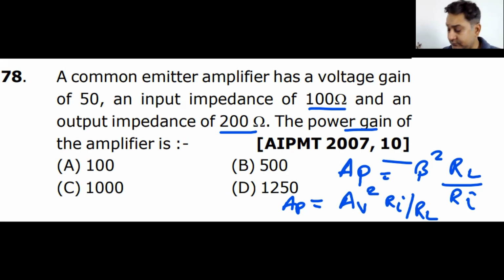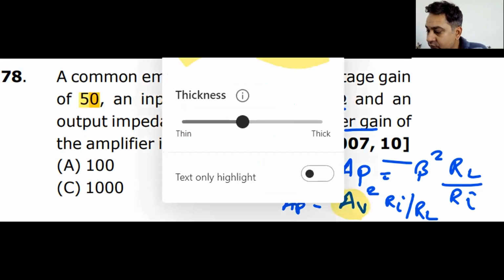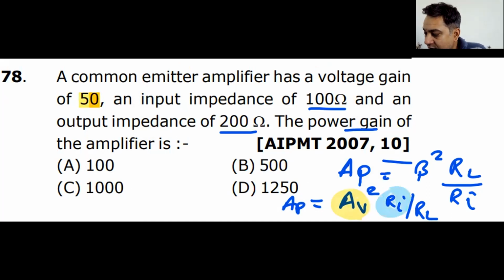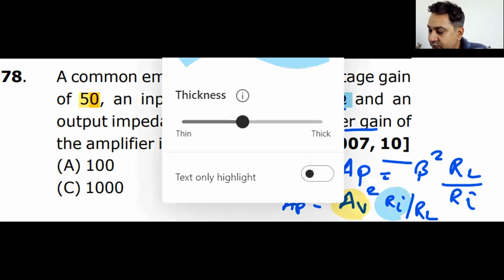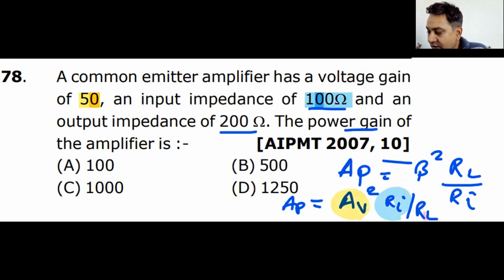Still no? AV is 50, RI is 100, RL is 200. The answer would be 1250.